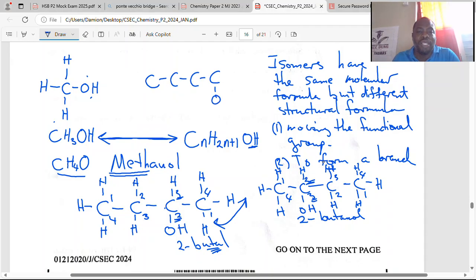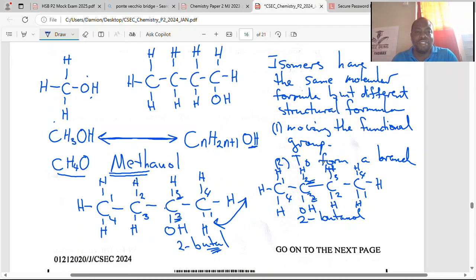So if we place the OH on the first carbon, so you're in the exam, you can move around whatever functional group, the double bond or the OH. And I think the OH is a little bit easier than the double bond because the double bond is between 2 carbons.